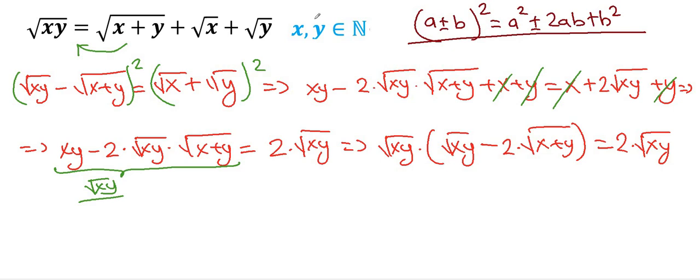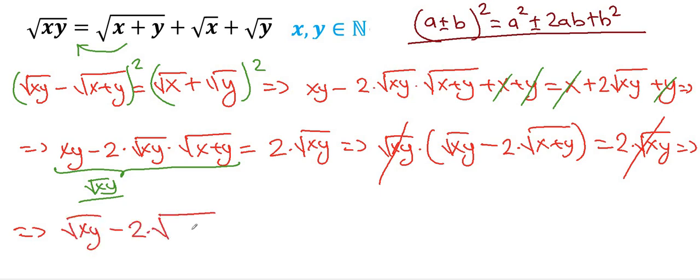Since we are looking for all natural solutions, x and y are not zero, so we can cancel square root of xy on both sides. Therefore the last equation gives us square root of xy minus 2 times square root of x plus y is equal to 2.